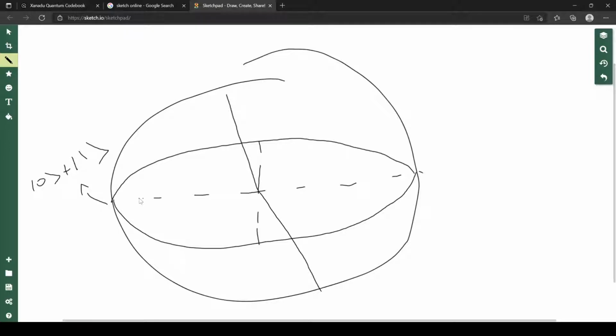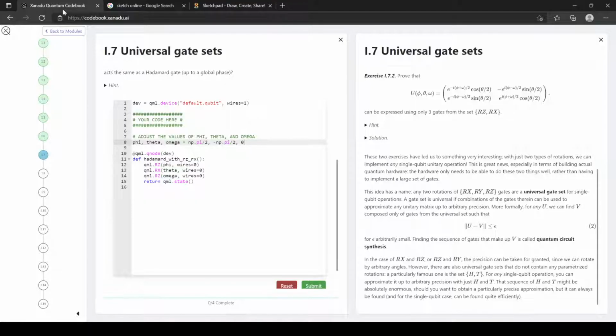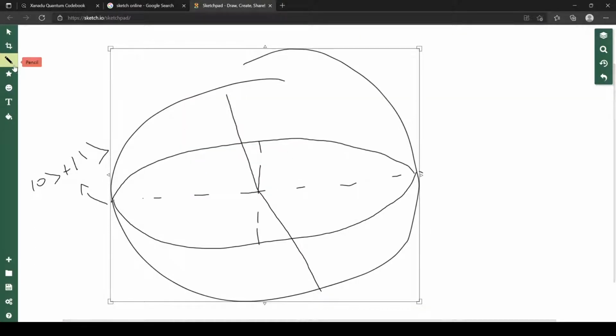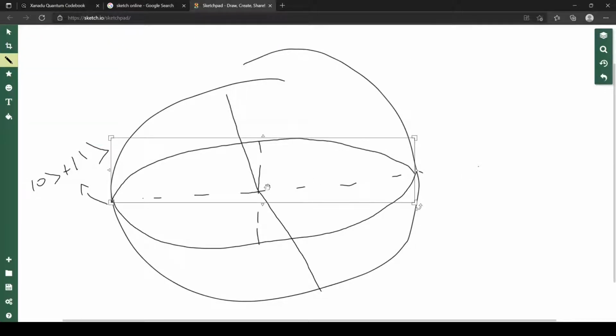So now what we're saying is rotate around the Z. Oh, maybe this has to be negative. Hold on. Maybe this is negative. No. Okay, so we're rotating. Why is it? What is going on? Why is this doing this?